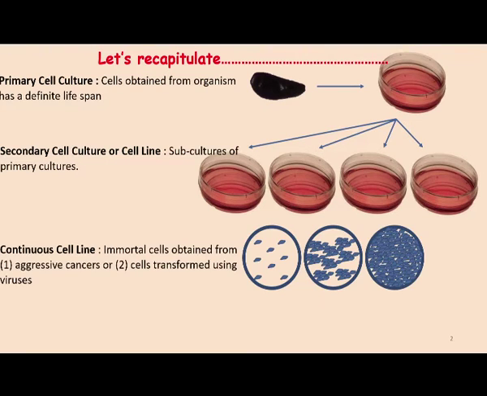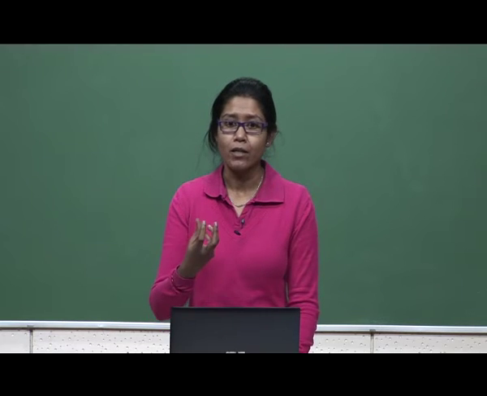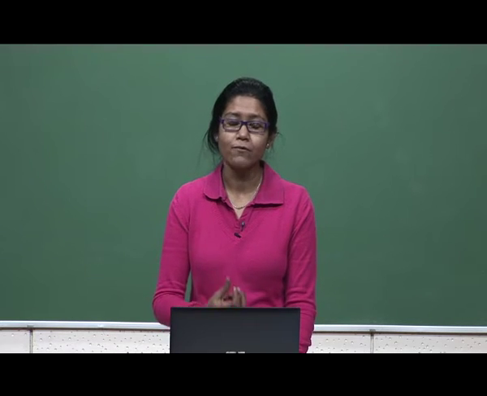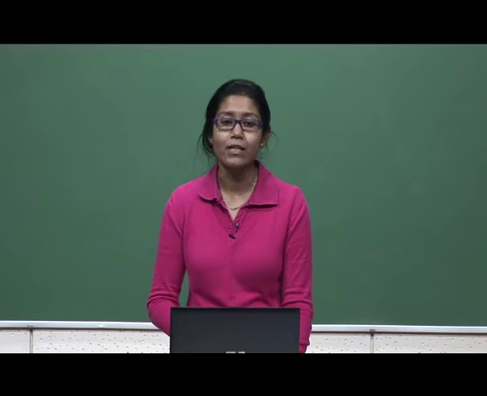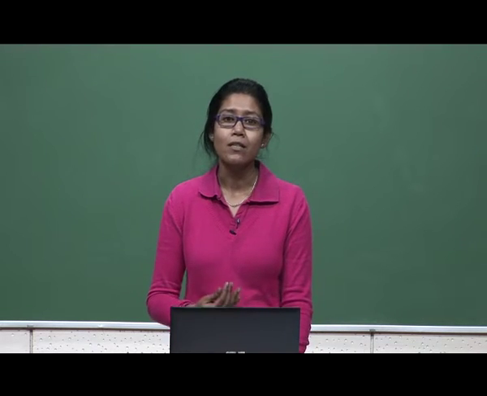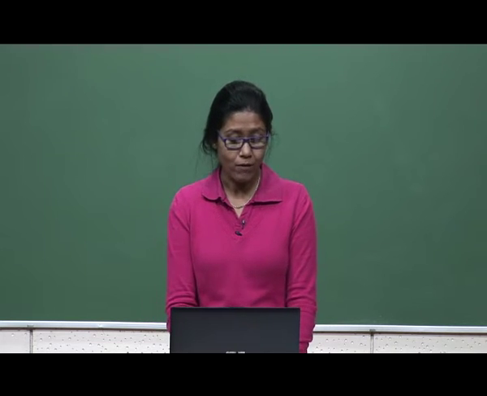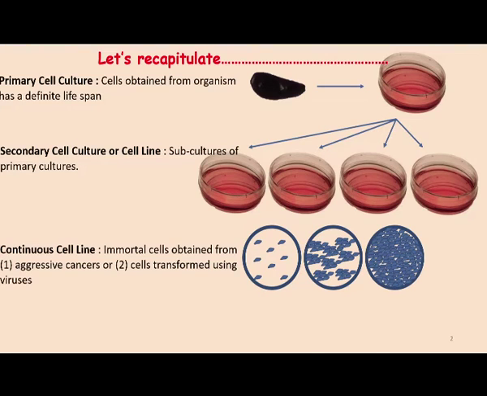Now, these cell lines may have indefinite or infinite replicative potential. Such is the case if you are taking cells from a cancerous tissue, or if you have infected the cells with a virus, then the cells would have an indefinite replicative potential. Then you are giving rise to a continuous cell line.